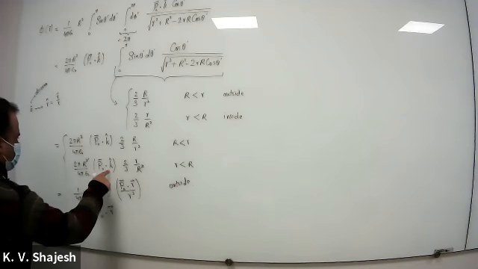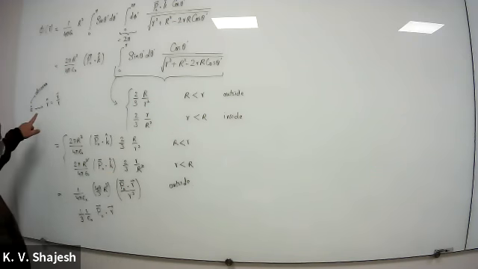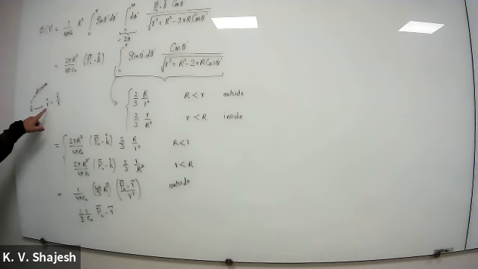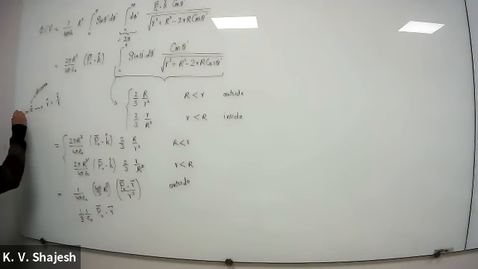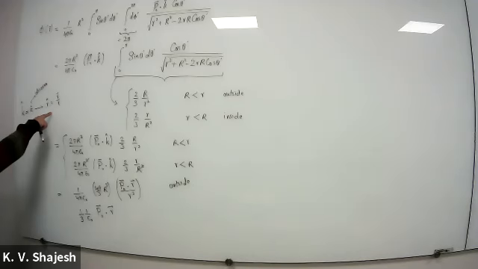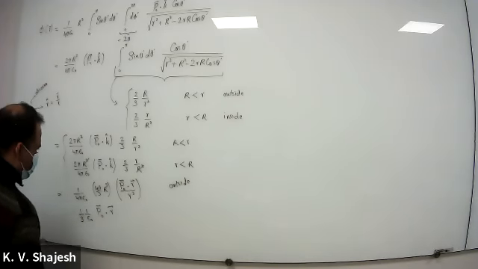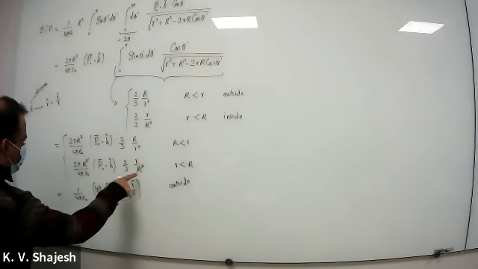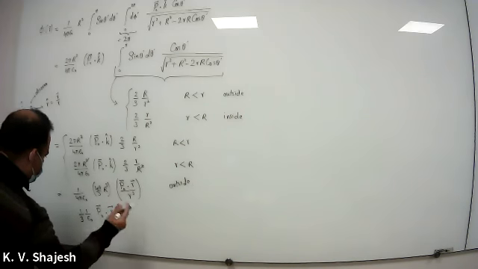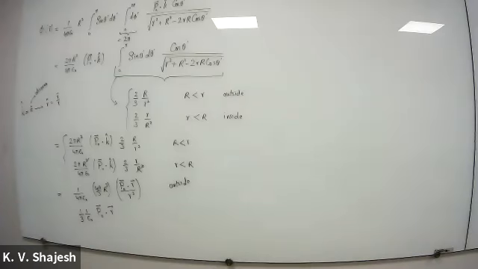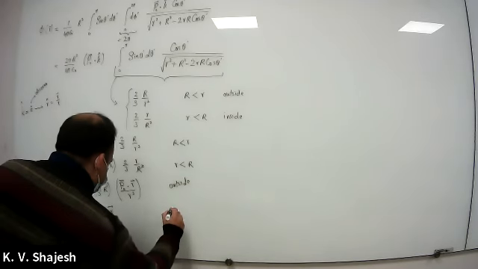This was r hat, but then z hat gets upgraded to r hat. z hat is k hat, right? K hat gets upgraded to r hat, which is nothing but vector r, nothing in the denominator because r's cancelled out, and that's how I'll illustrate. So that's what it is inside.